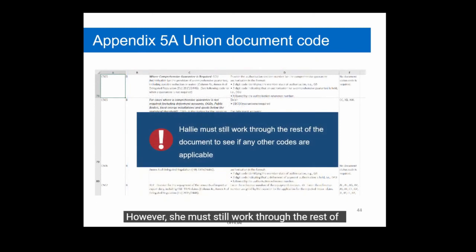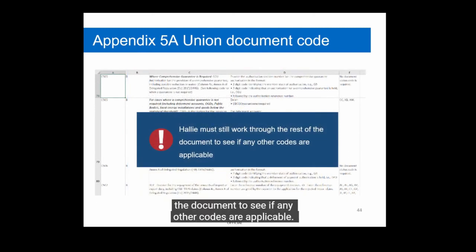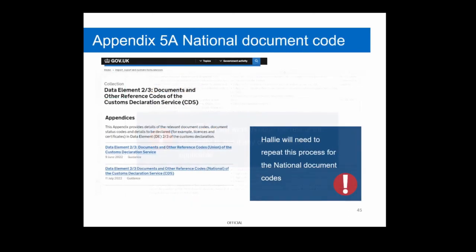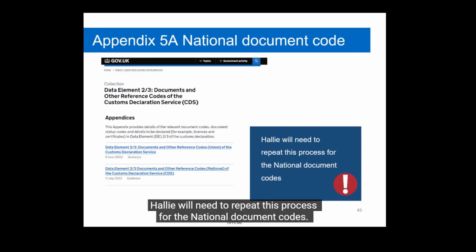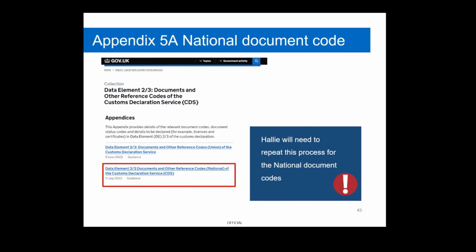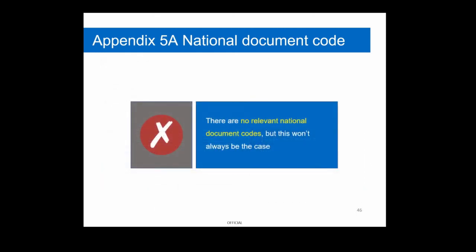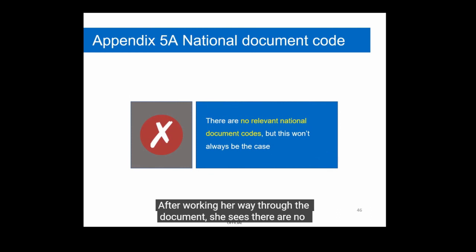However, she must still work through the rest of the document to see if any other codes are applicable. Hallie will need to repeat this process for the national document codes. After working her way through the document, she sees there are no relevant national document codes, but this won't always be the case.